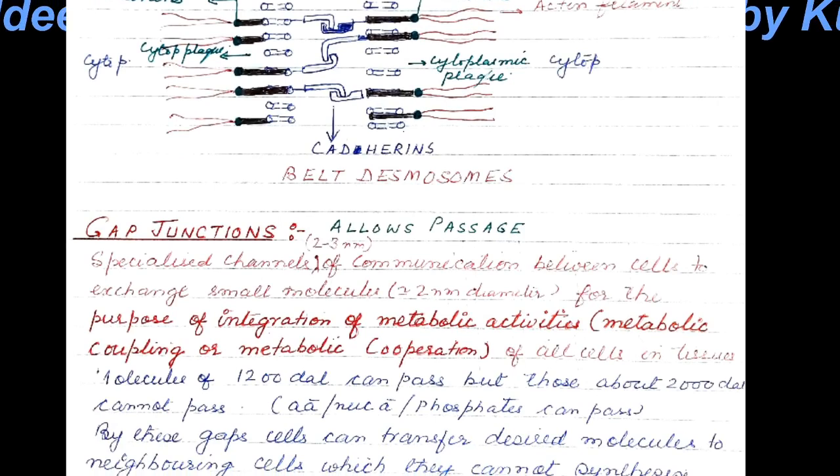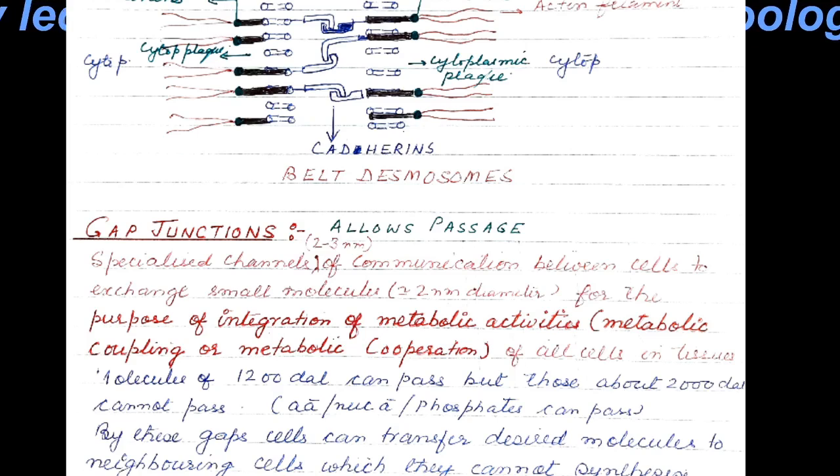Then another kind of junction is the gap junction, which is very important for the cellular integration and metabolic integration of the surrounding cells. Because a chemical stimulus, if received by a few cells, can be transmitted to other cells only through these kinds of junctions.